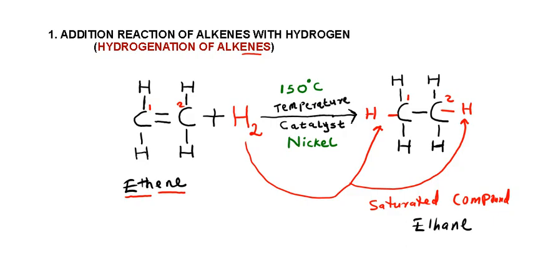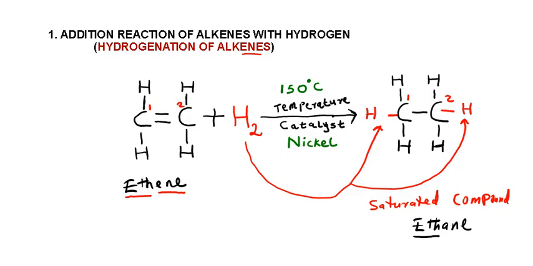Why is it called ethane? It is called ethane because it has two carbons and it has a single bond. So two carbons is called eth. Then because of the single bond, it comes from alkane. So we have it as what?